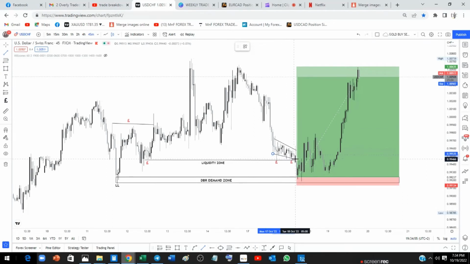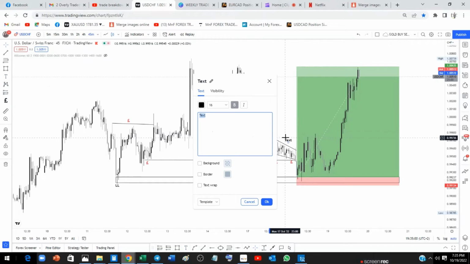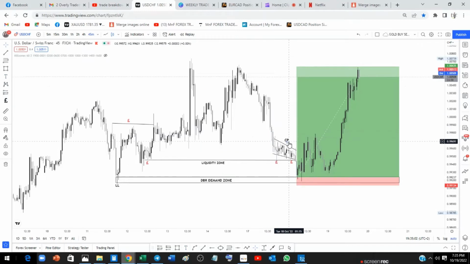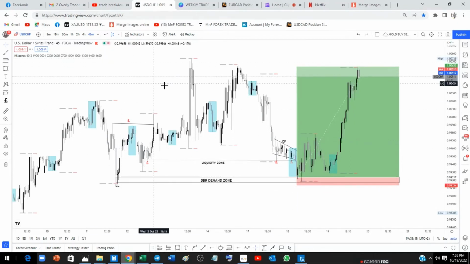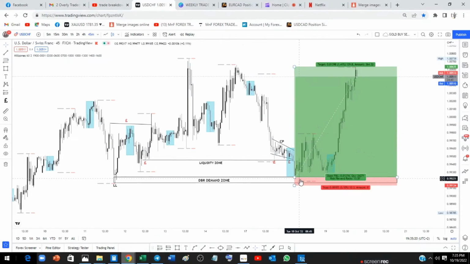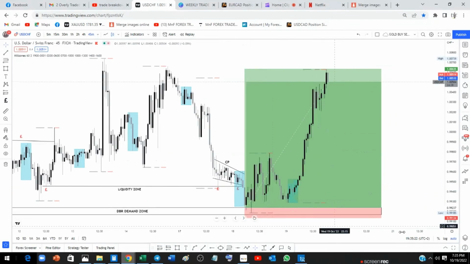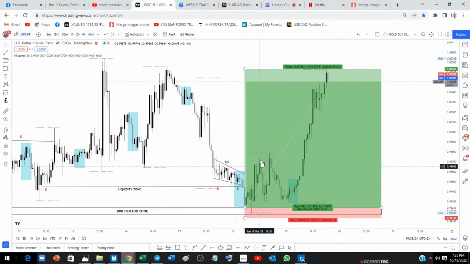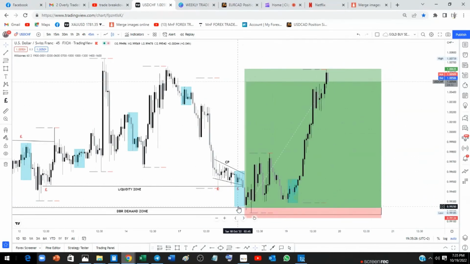Of course, after a compression, what comes is an impulsive move. Always look forward to that. It's also called a falling wedge. So what happens is that usually it drops, pushes to the downside. And then if you use this indicator here, the Asian range indicator, you're going to see that price literally just took out the Asian low right here, and pushed to the upside after taking out this Asian low.